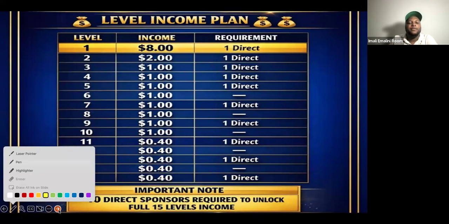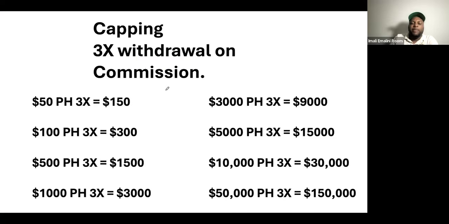That's what I mean. Now, there is a capping on commission only. Your times 2 is sorted, that is your PH. Everything here is times 2. The cycle is 15 days.